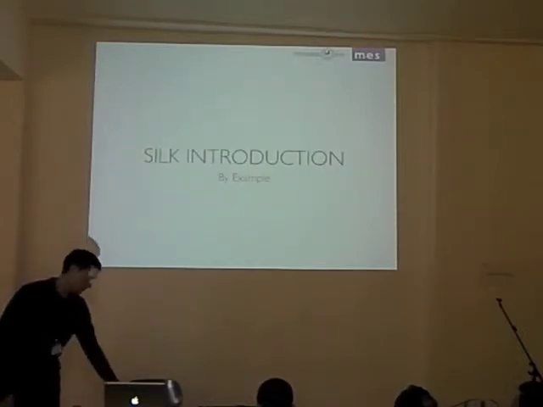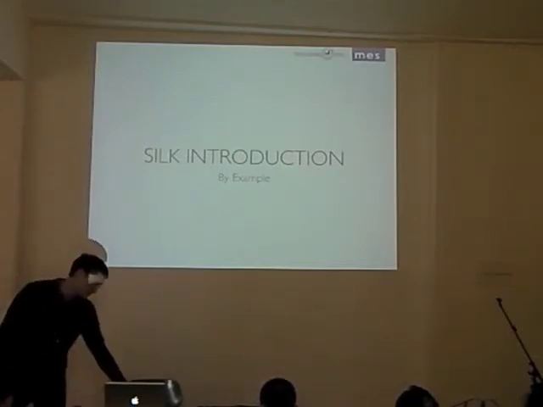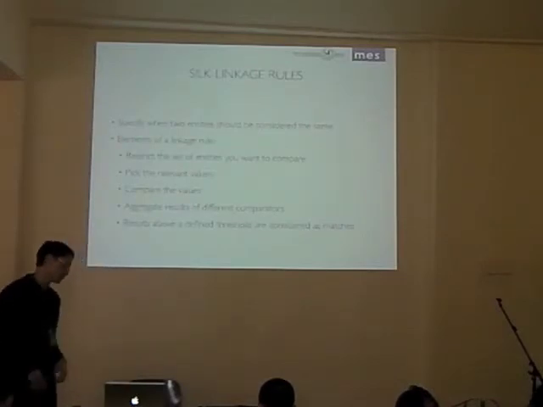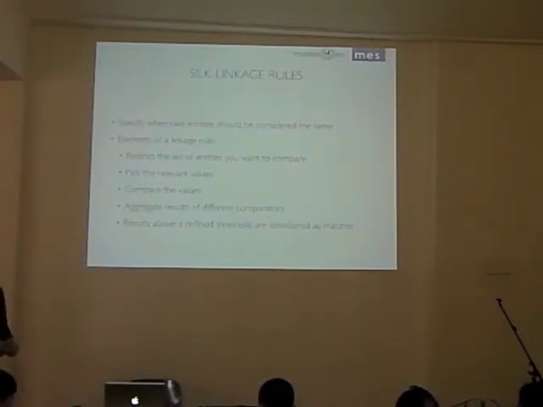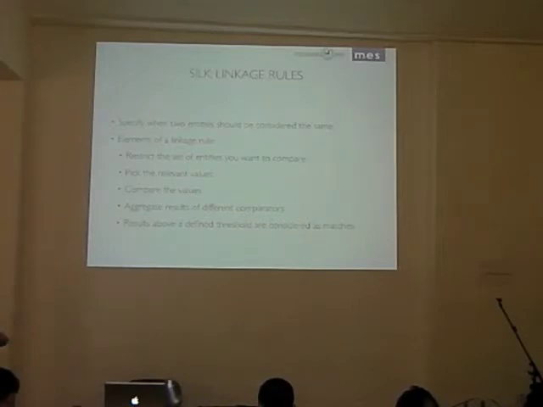So Silk, as you know, is the identity resolution module which finds duplicates. And I will show some examples which introduce the main parts of it. The core item of Silk are linkage rules, where you can exactly specify when two different entities should be considered the same entity.